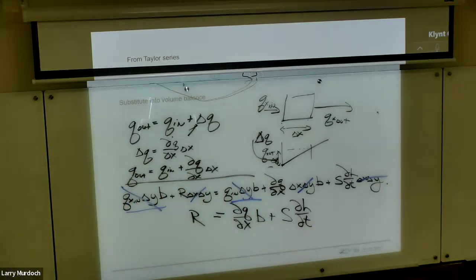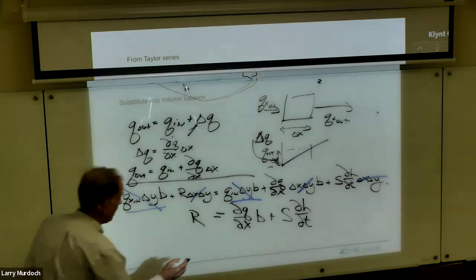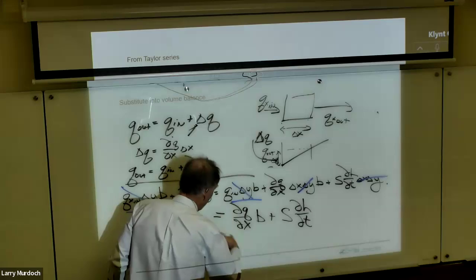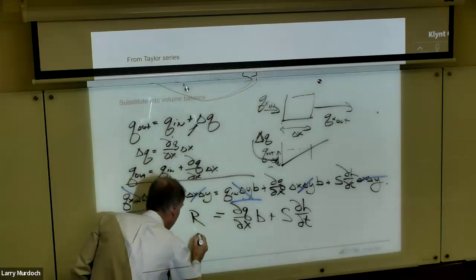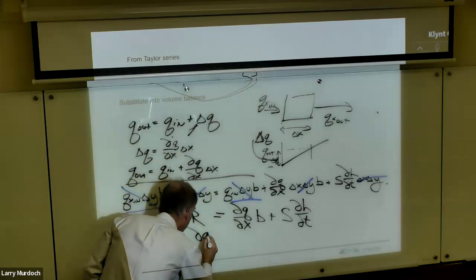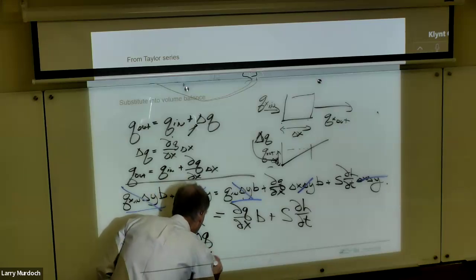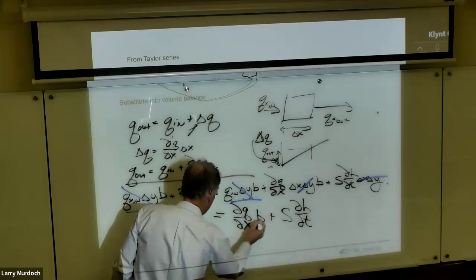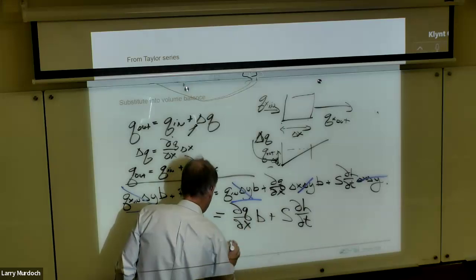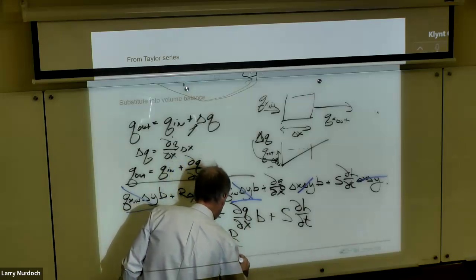Okay, so it simplifies down. And I usually write this with this thing on the left side. So we're going to divide through by B and rearrange it.